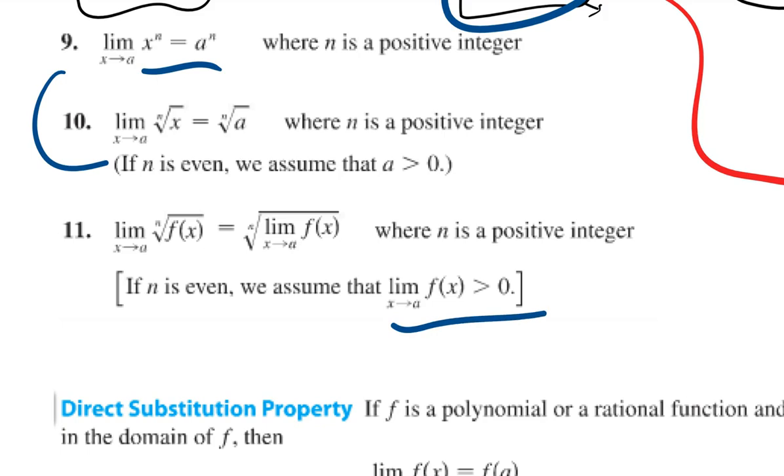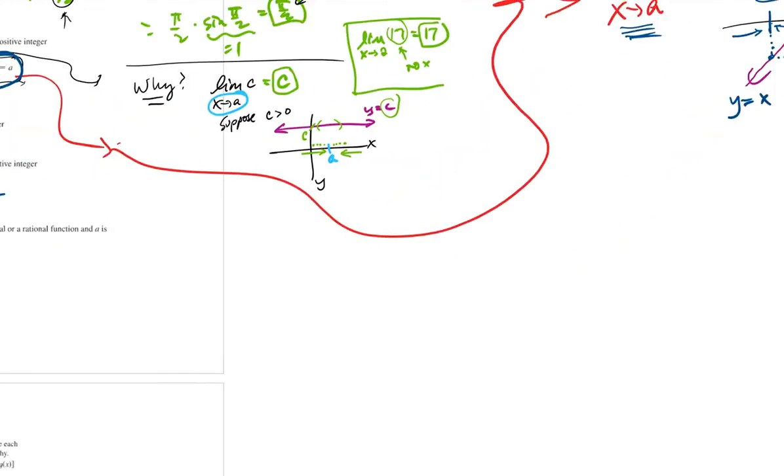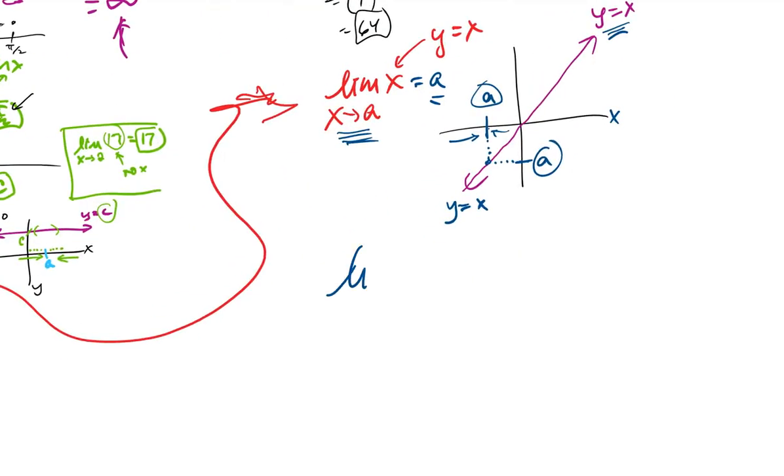What's a good example of this? You can look at the limit as x goes to 2 of the cube root of x squared plus 4. All right. So what I'm going to do is I'm going to plug in the 2.